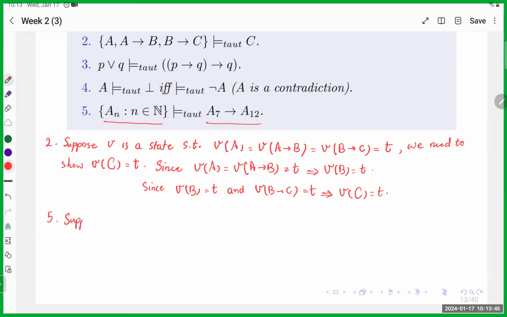So suppose V is a state such that V of all of the AIs or ANs, whatever you want, is true for all natural numbers n.